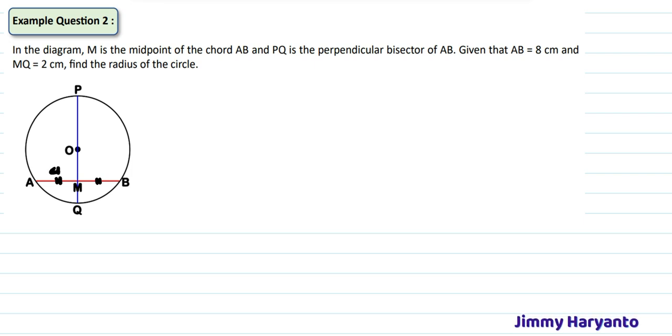That means this one is 4, my bad, this one is 4, and that one also 4. Next is MQ. MQ equals 2. Wait, doesn't make sense. Oh, MQ is this one, this small line, the short line, equals 2. That means we don't know this one yet. Let's label it as X.